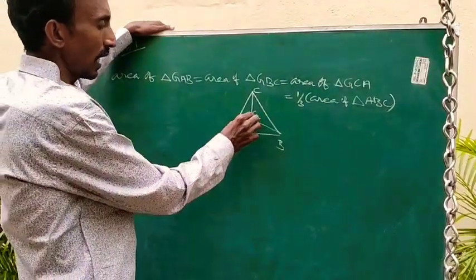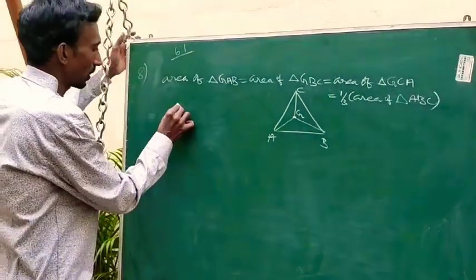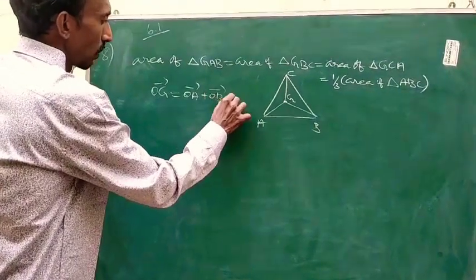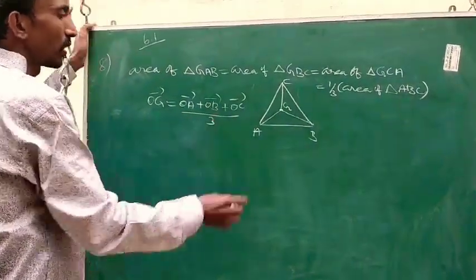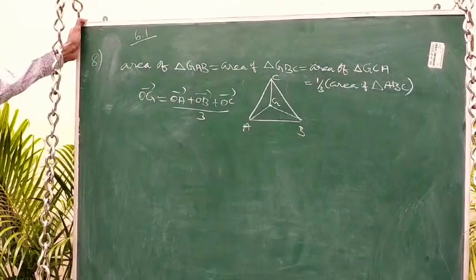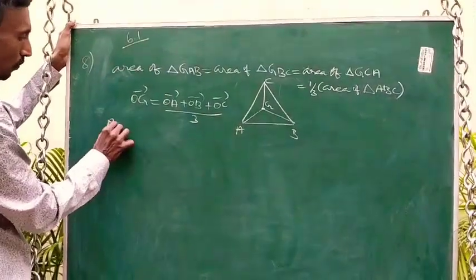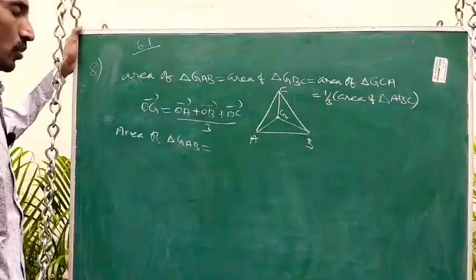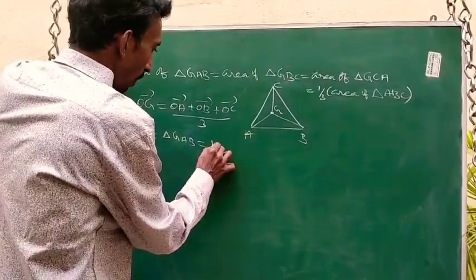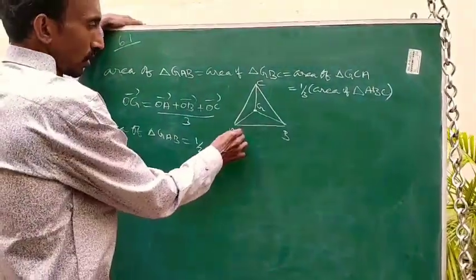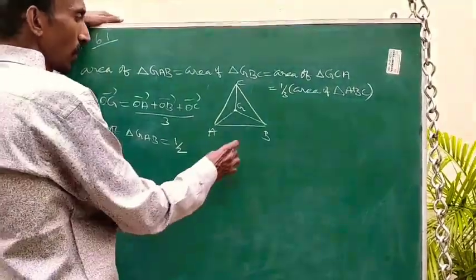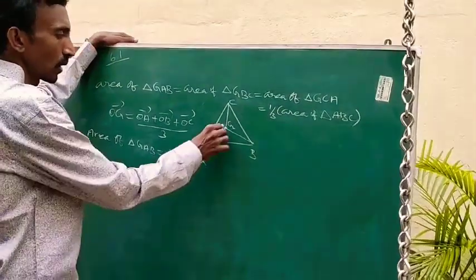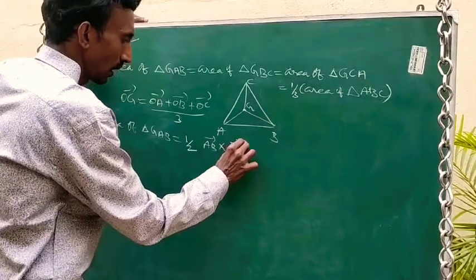If G is the centroid of the triangle ABC, then we know the result, OG vector equal to OA vector plus OB vector plus OC vector by 3. We know that centroid formula. Now find out the area of triangle GAB. It is nothing but half into two adjacent sides, so AB cross AG.